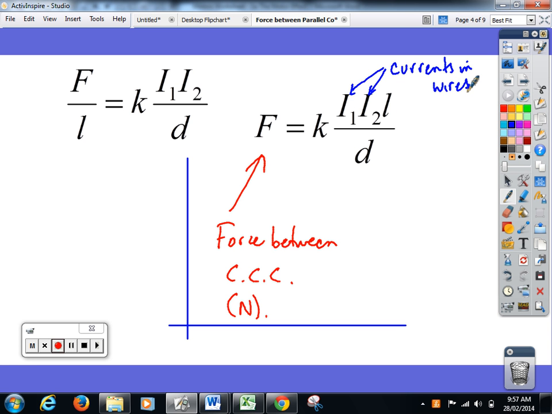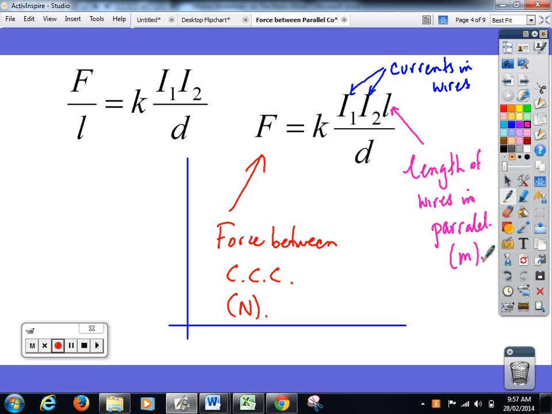So we know that there are two currents here. They don't have to be the same current. L is the length of the wires that are in parallel, and it must be in metres.